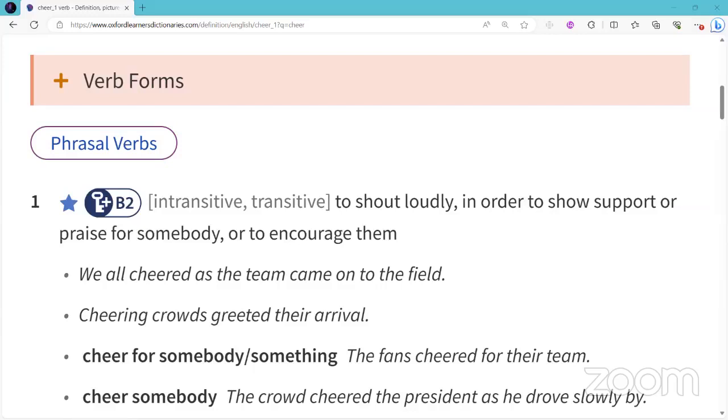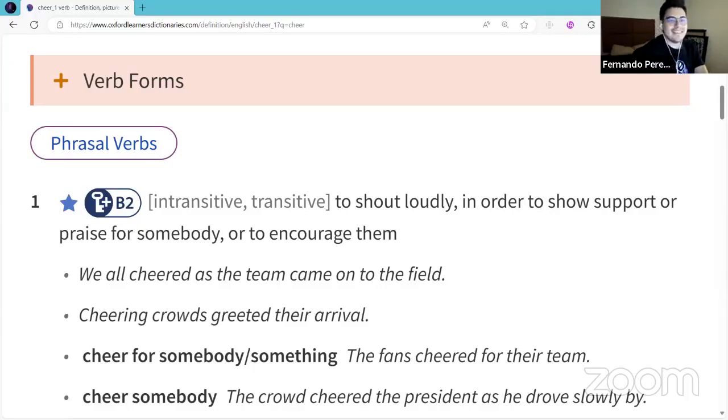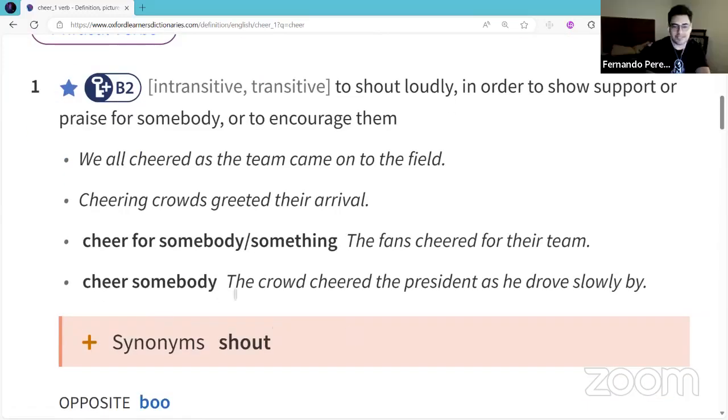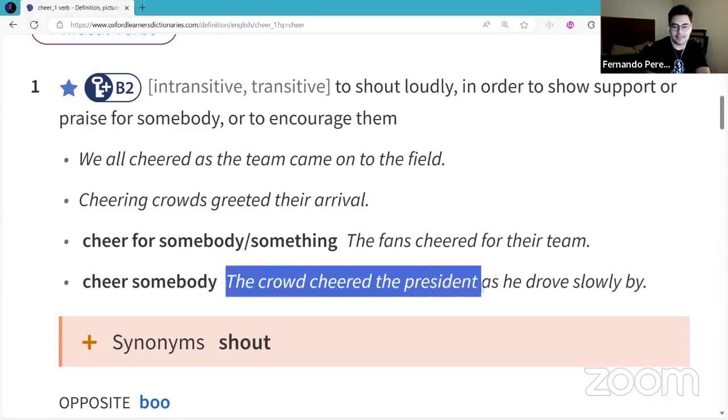Easy to understand, no? The verb that you do is not to shout. When you shout, you are angry. When you scream, you are scared. When you cheer, you are exciting another person. Cheer somebody. This is the transitive verb. The crowd cheered the president as he drove slowly by.